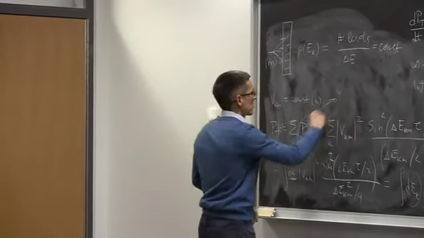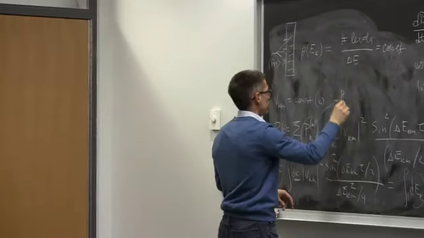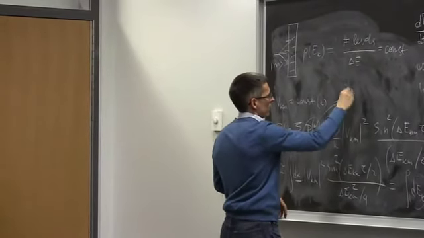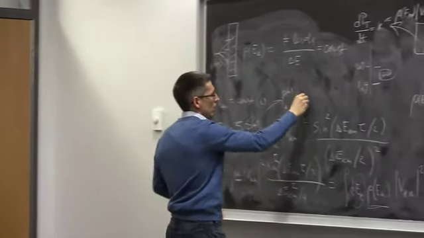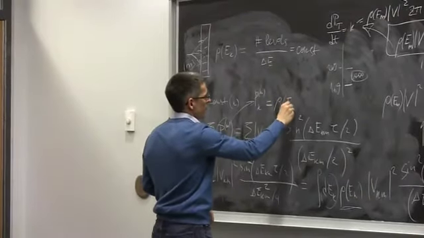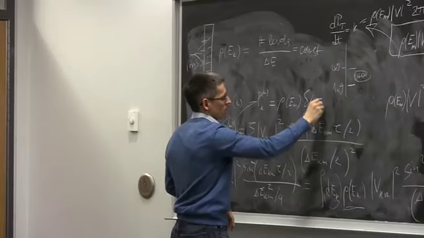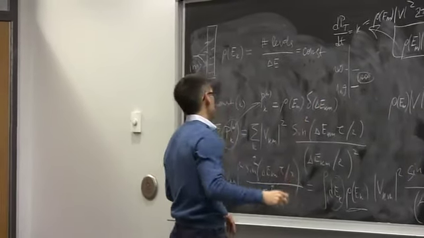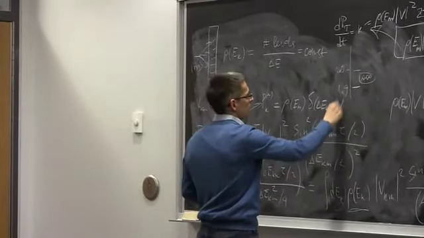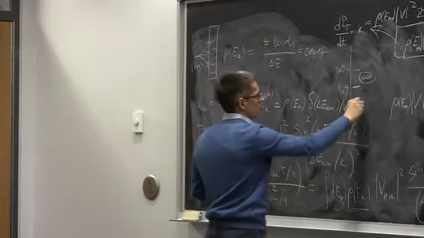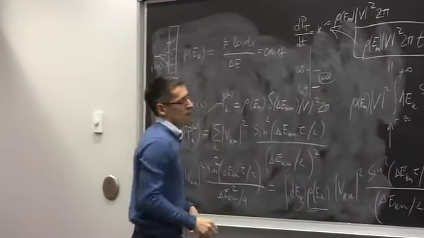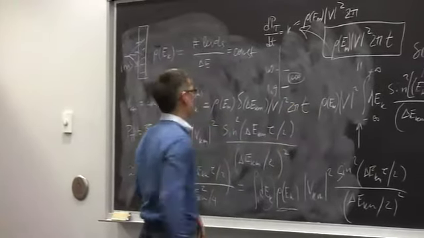So these, as a function of time, will be rho at E_m, the delta function of delta E_Km, and then there will be V squared 2 pi, and then there should be time.